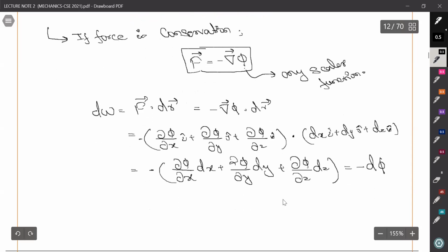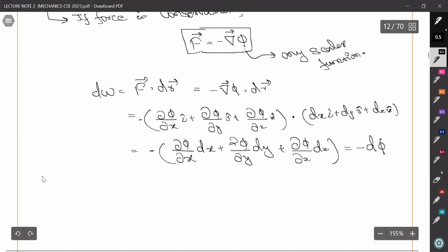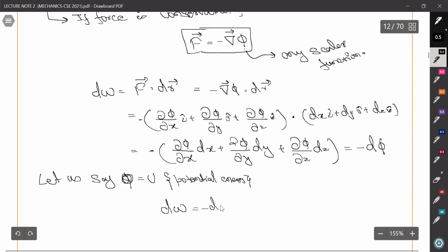Okay. So also, let us say phi equals U, and that we define as the potential energy. So we can come to this conclusion also. dW is what? Minus d phi, that is equal to minus dU.